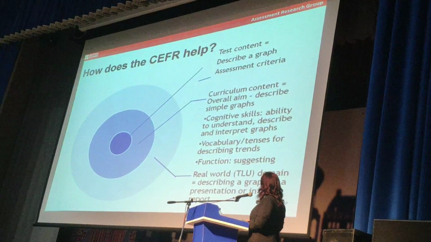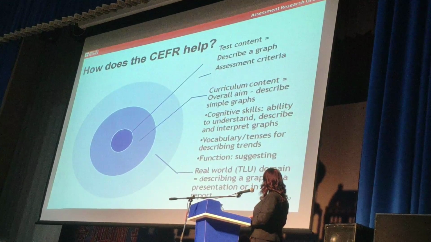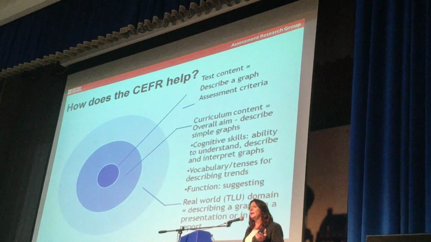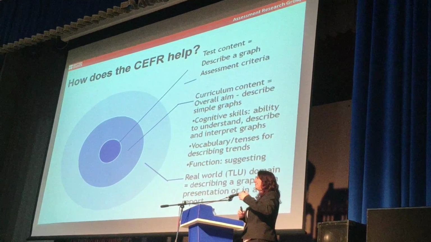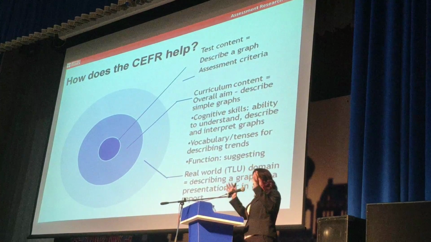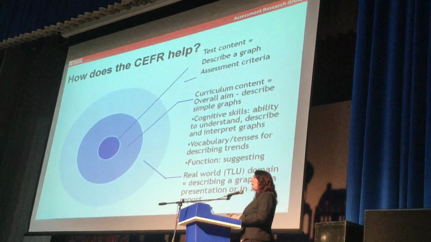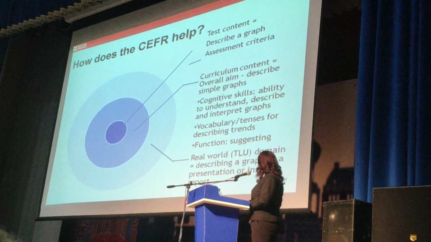And this then feeds into our little target again. The real world domain is describing the graphs, or it could be a table, it could be a graphic, it could be anything like that, in a spoken format or a written format.